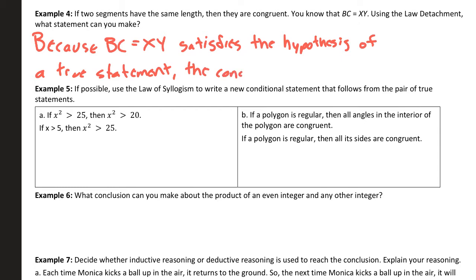And this is going to look a little bit weird, but that conclusion is true. So I could say that BC is congruent to XY, okay?